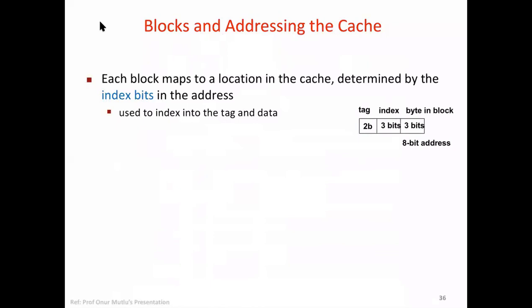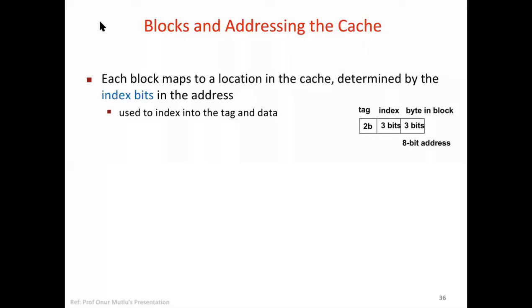Please go through the slides again, because you need to understand how we are mapping data from main memory to cache. Essentially, multiple data items in main memory will be mapped to one cache location.